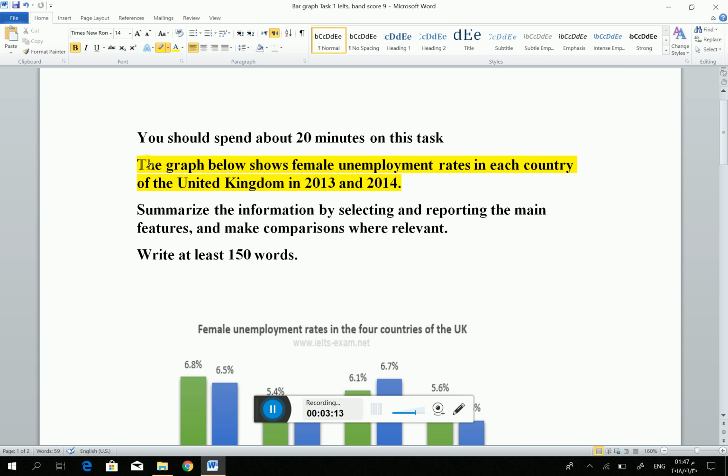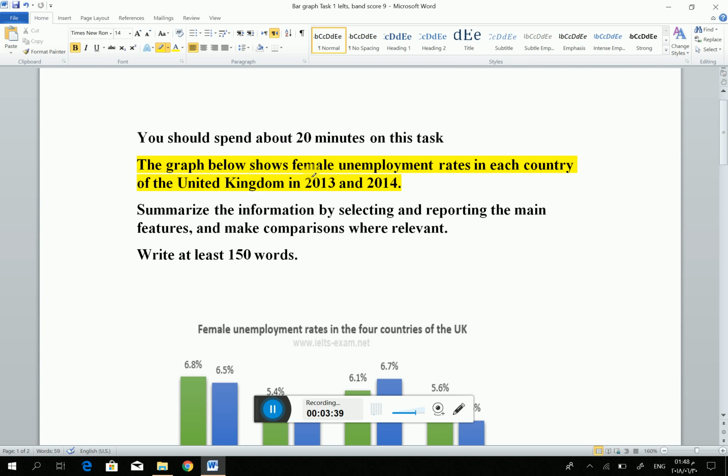Number 1, here he says the graph below shows. Instead of using the verb show, you can use a similar verb. For example, illustrates, explains, describes. Instead of the graph shows, you can say the graph explains, the graph describes, the graph displays, illustrates.